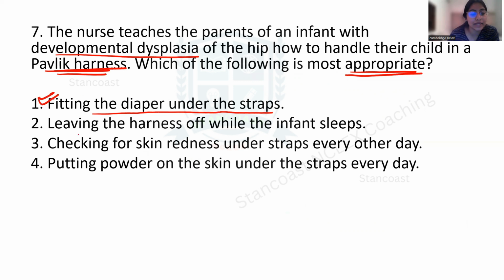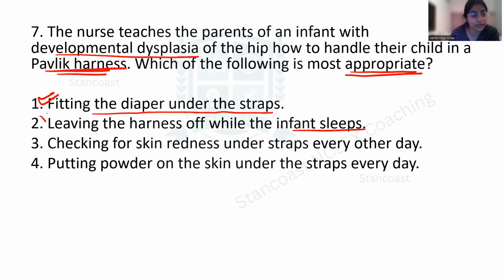Second is leaving the harness off when the infant sleeps. Now, the Pavlik harness is very important to maintain the alignment of the hip. So we have to make sure that it is worn by the baby all the time. We do not need to remove the Pavlik harness when the infant sleeps.